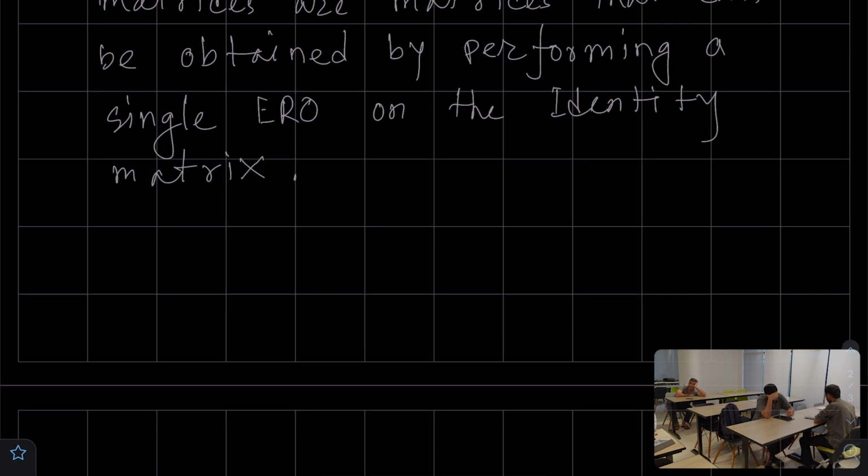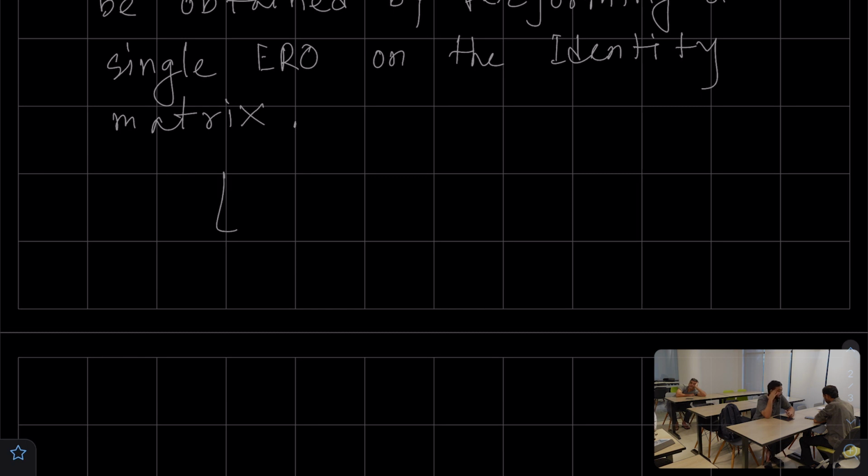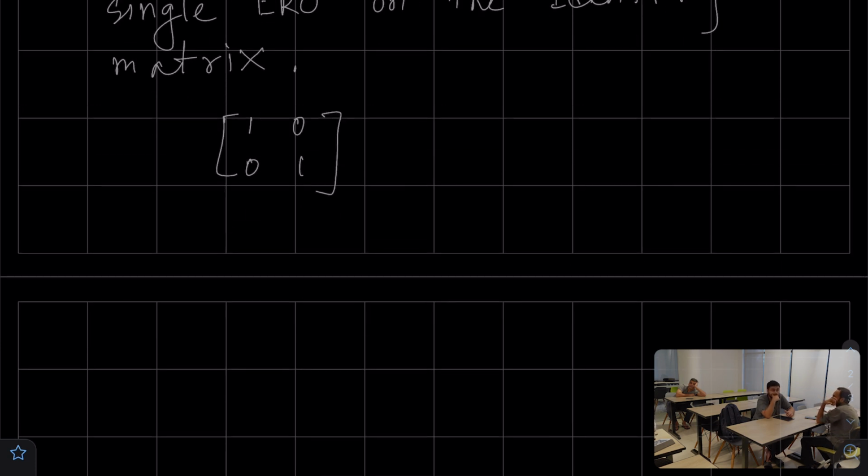So then can you tell me what are the elementary matrices of this matrix? This is a 2 cross 2 identity matrix. The first one is I can swap, giving 0, 1 and 1, 0.